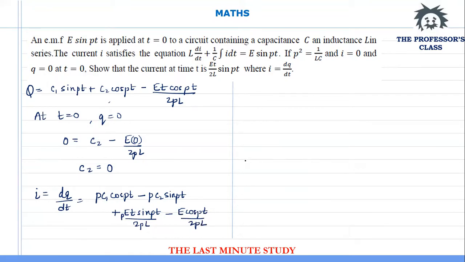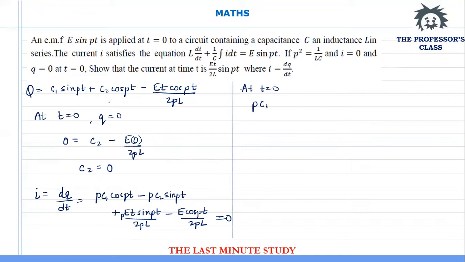So this is the dq by dt, and this is equal to 0. The current is equal to 0 at time t equals 0. So at t equals 0, this entire term is also 0. Cos 0 is 1, so this will become 1. So I have PC1. Sin 0 is 0, so this term will also become 0. And for the last term, cos 0 is 1.